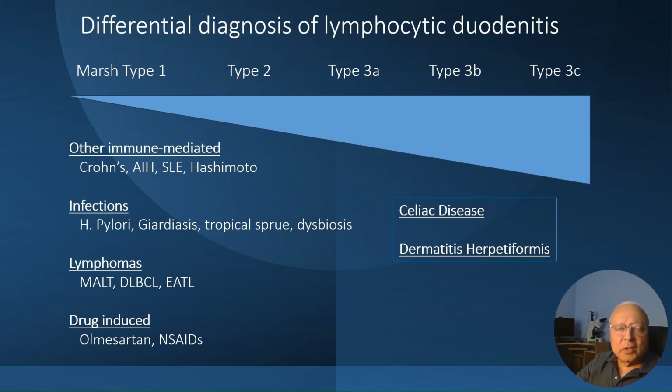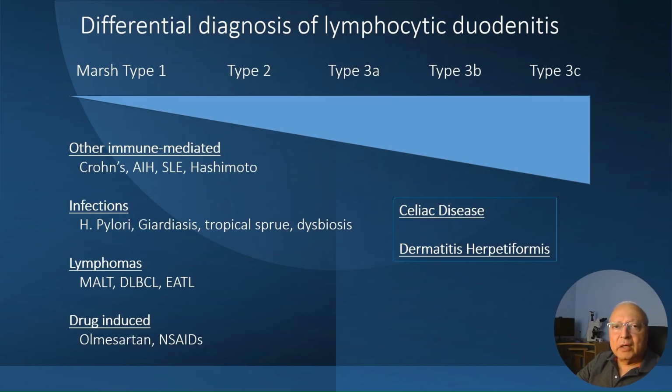Tropical sprue and dysbiosis or bacterial overgrowth can actually mimic advanced stages of Marsh grading, just like you see in celiac disease. Lymphomas: MALT lymphoma, diffuse large B-cell lymphoma, or EATL, enteropathy-associated T-cell lymphoma, which is after all a complication of celiac disease. Some drug-induced conditions: NSAIDs, olmesartan.